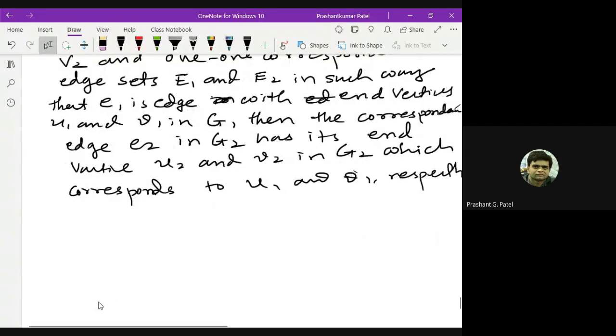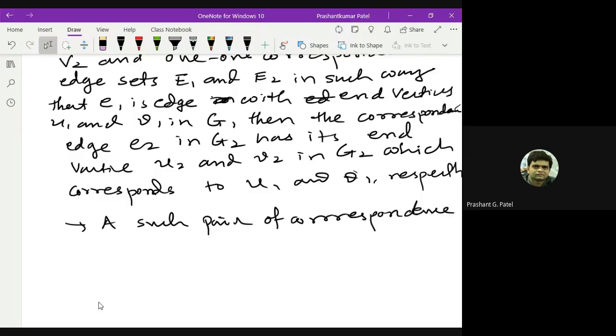Such a pair of correspondences is called graph isomorphism.